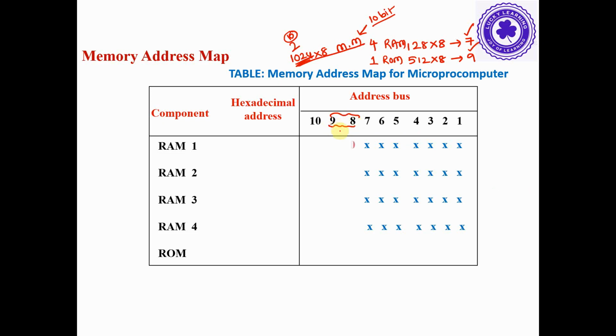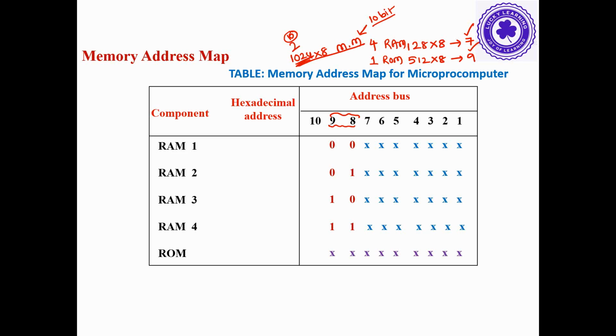If the 8th and 9th bits are 00, it is going to select RAM 1. 01, it is going to select RAM 2. 10, it is going to select RAM 3. 11, it is going to select RAM 4. And the 9-bit address will also be used for the ROM chip.